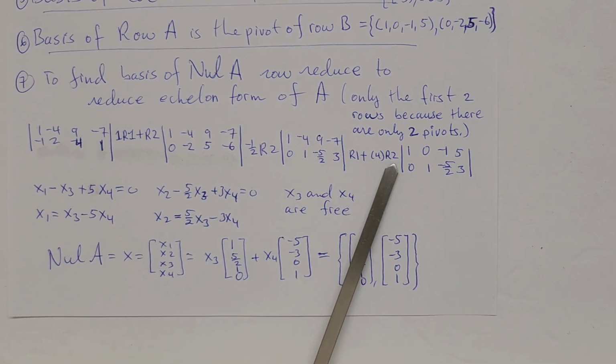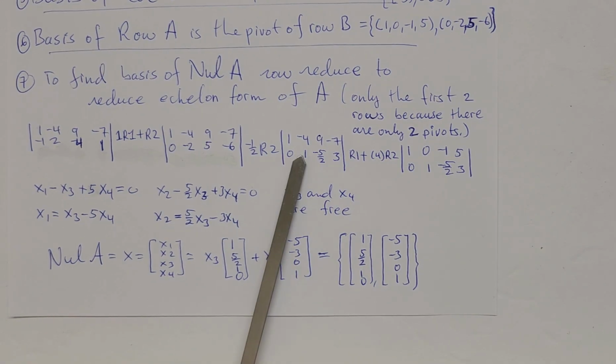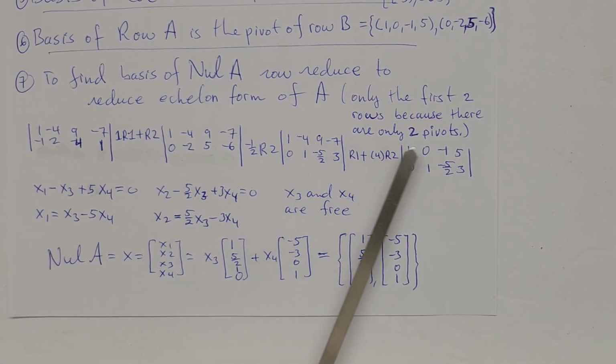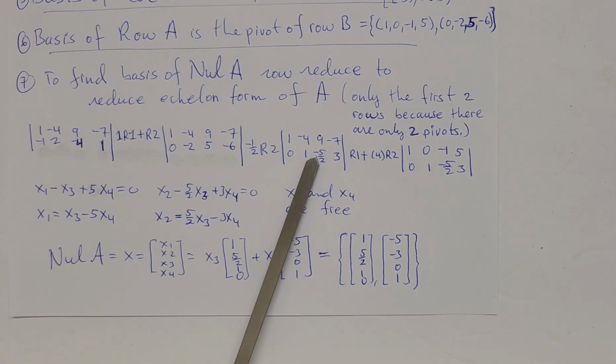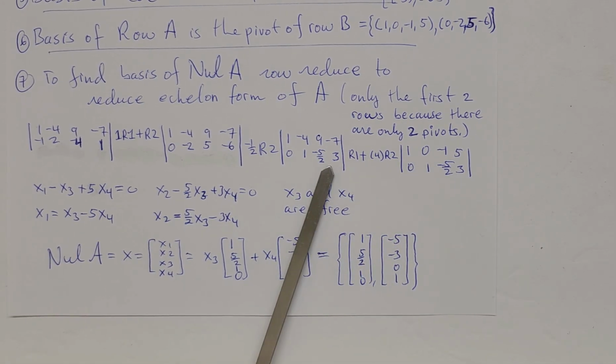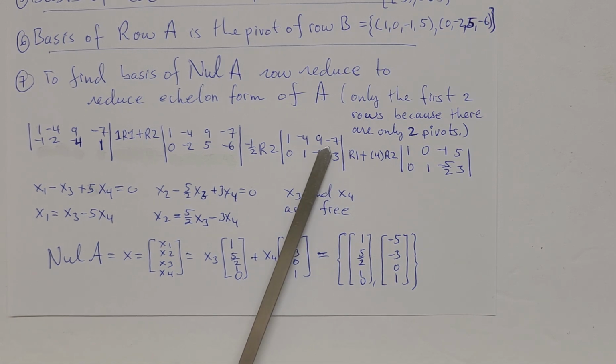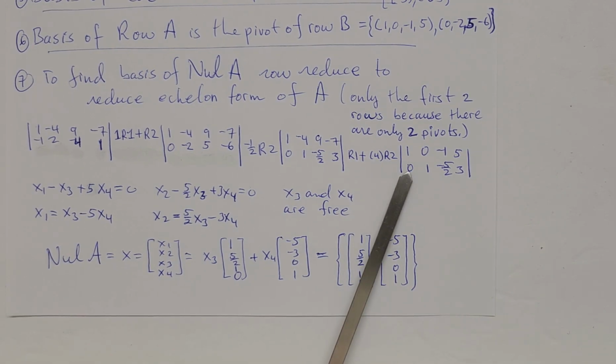So 4 times row 2 plus row 1. 4 times 1 is 4, subtract 4 gives me this 0. 4 times -5/2 gives me -20 divided by 2, which is -10, plus 9 is -1. 4 times 3 gives me 12, subtract 7 gives me 5. Now we are completely done because we have a pivot here, and a pivot here.